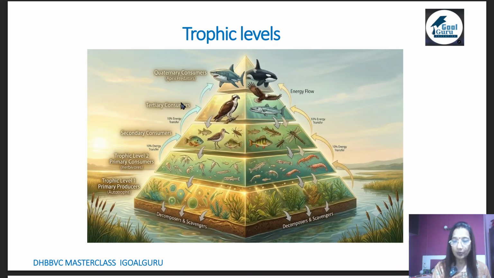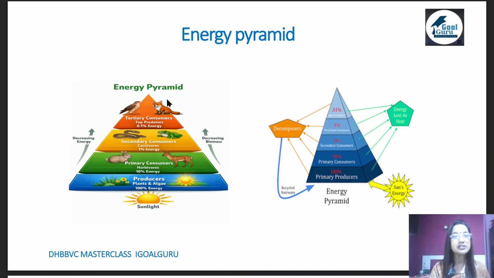Okay. Now, next thing that you have to understand over here, a very important concept. This is called the pyramid. Okay. What does this pyramid explain to us? What does it actually help us to understand? It helps us understand the greatest laws in ecology. Okay. Look at the base.